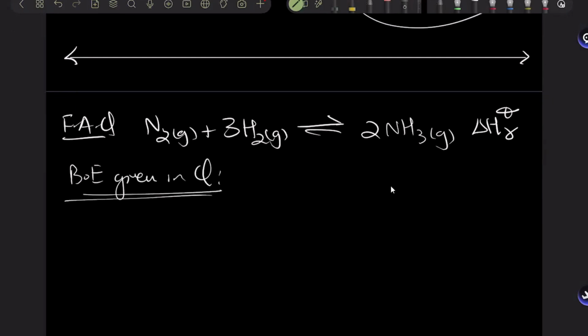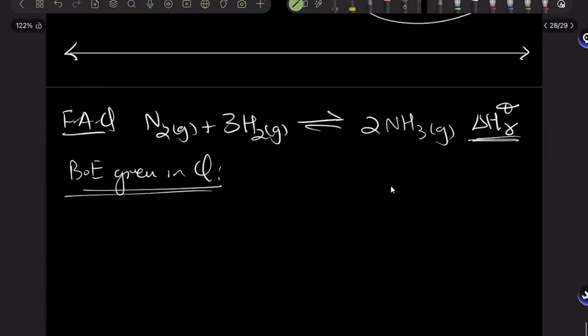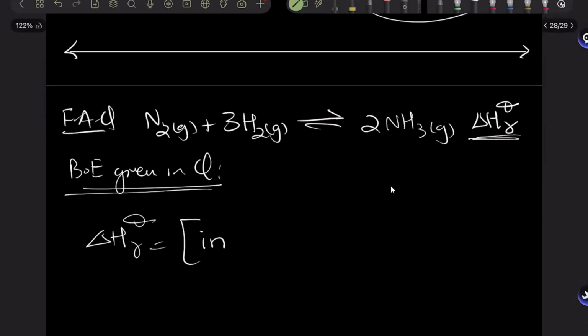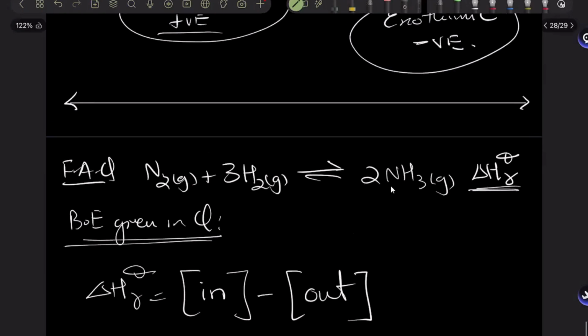What would you do? You will not make any cycle. Go with the equation. So delta H naught of reaction would be energy given in minus energy given out. In order to figure out the energies given in, you have to open up these molecules.